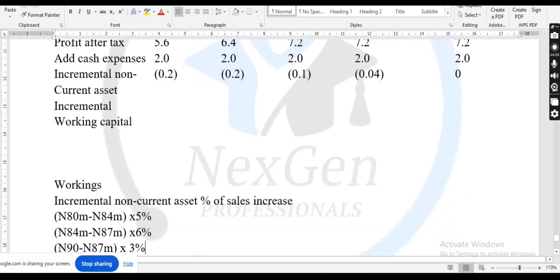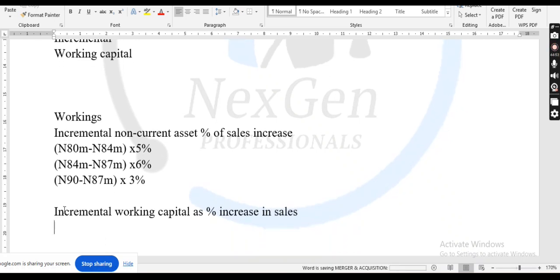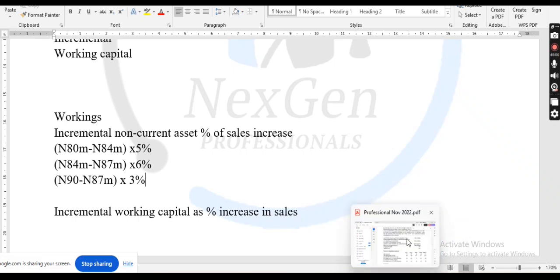So incremental working capital. We're told that it is a percentage of the increase in sales, right? So the same thing we did for this, but the percentage is different.